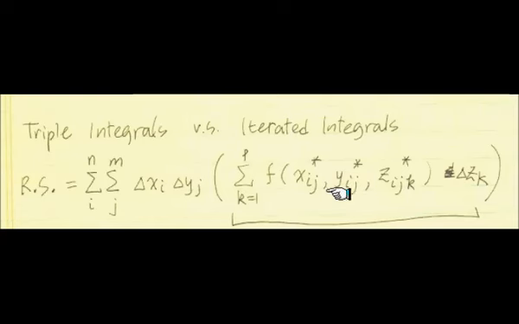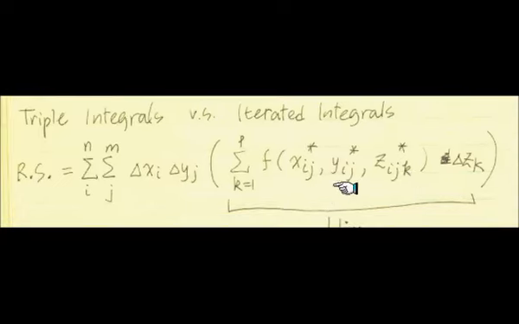For all k, given i, j, we choose the same x, y value, but the z value is going to change. Let me explain a little more about why the k disappeared here, and it is about the way I choose the sample point for each cube, so I can get rid of this k.